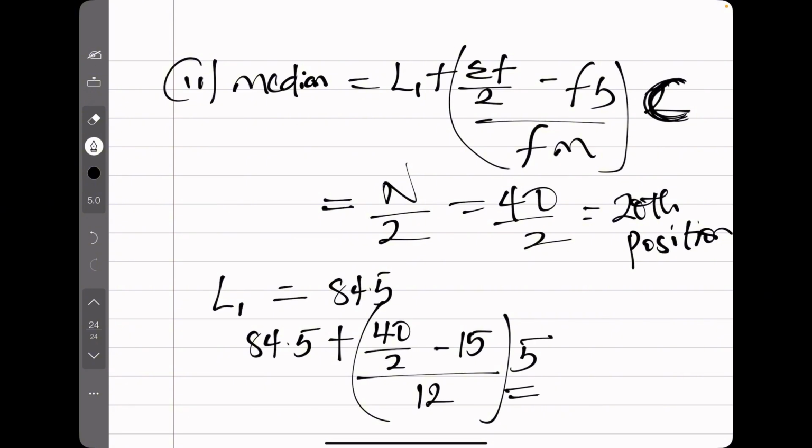So what you should get here, with 54.5, is 56.6. You can do well to do it with your calculator. So 56.6 is our median.